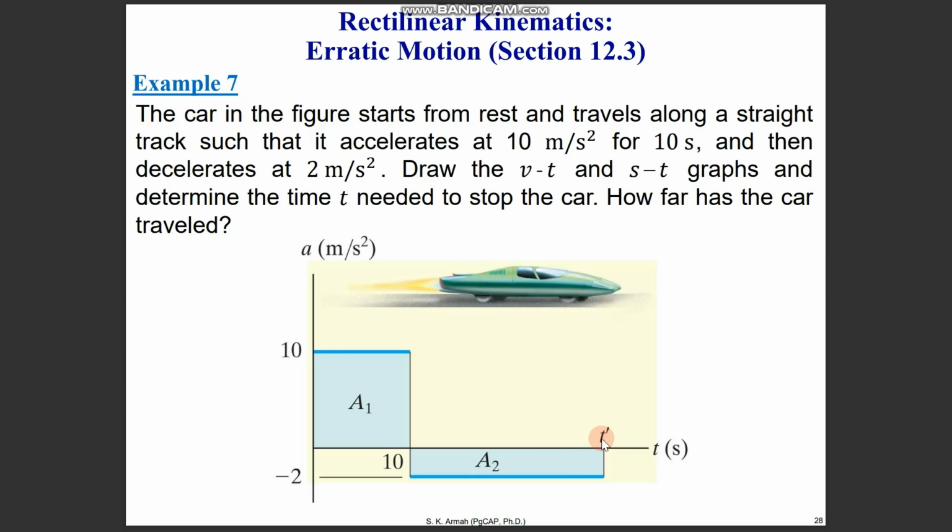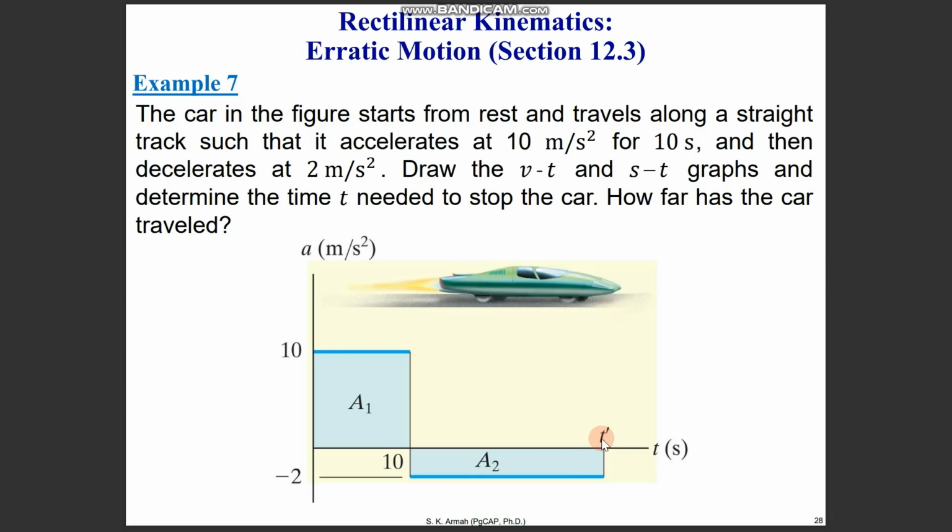When you integrate, you get negative 2t with the limit from 10 to t, equal to v with the limit from 100 to v. Substituting, you get negative 2t plus 20 equal to v minus 100. So your velocity will be equal to negative 2t plus 120 meters per second.